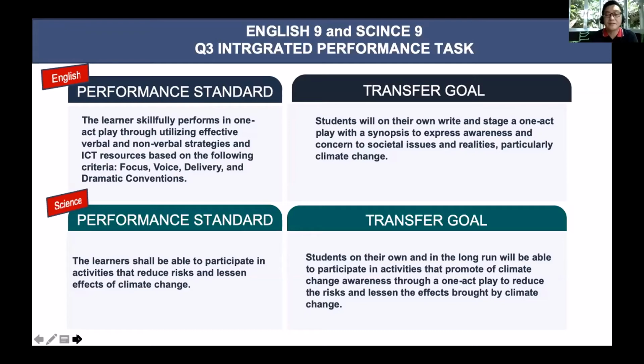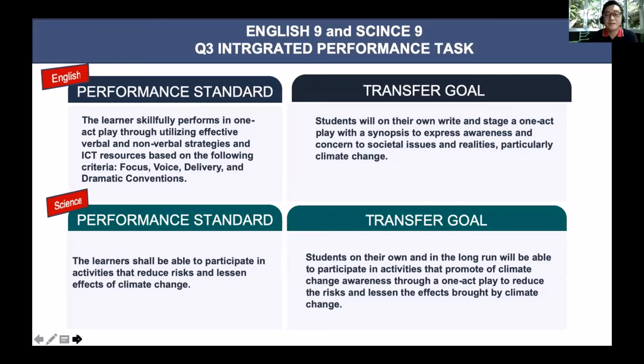Now, so how was it that we decided to do an integration? Because we found it a perfect opportunity for my students in English to demonstrate the mastery of their skills using the theme and using the particular issue on climate change. And the Science teacher also realized that her students needed the skills developed by my learners in my class in order for these skills to become an avenue for them to express, to share to the world what they feel are ways to reduce risks and lessen the effects of climate change.